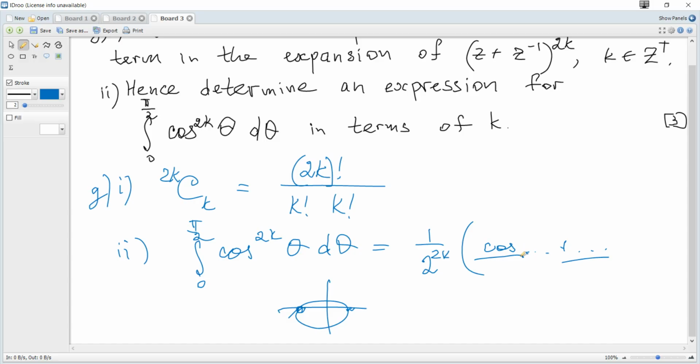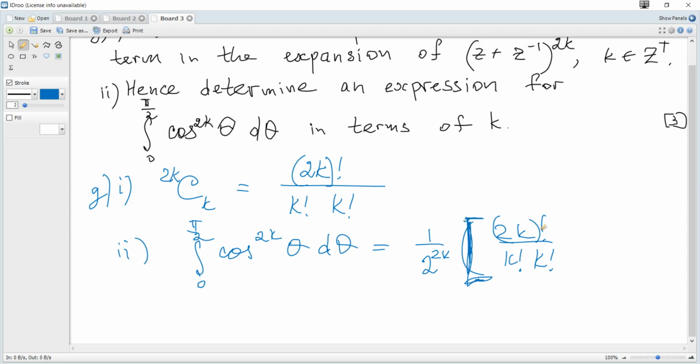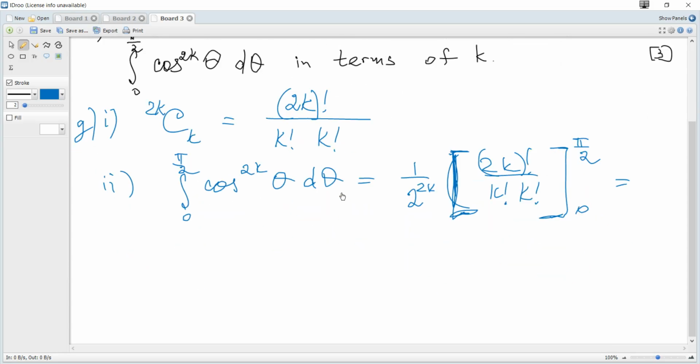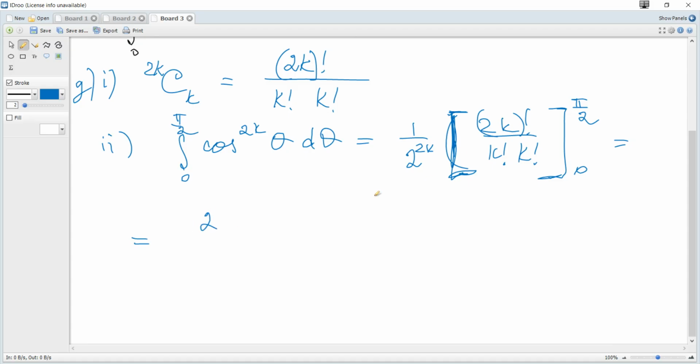So there will be zeros, except the constant term, and the constant term is this, 2k factorial over k factorial squared, and just the integral of the constant term d theta, which is just the constant term times theta, and substituting limits, we get that it's just the constant 2k factorial divided by k factorial, and this 2 to the power of 2k, and multiplied by pi over 2.